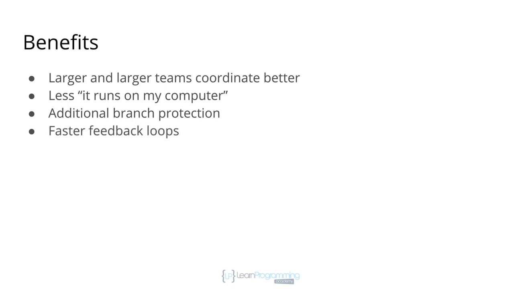And this also enables faster feedback loops. And this is going to happen thanks to the fact that we are going to be having many pull requests that trigger the continuous integration process. In those pull requests, other developers can provide feedback and even collaborate with us in making sure that certain feature is working.